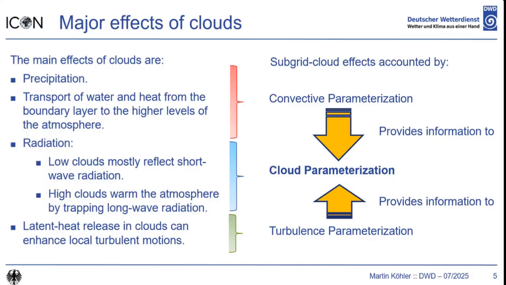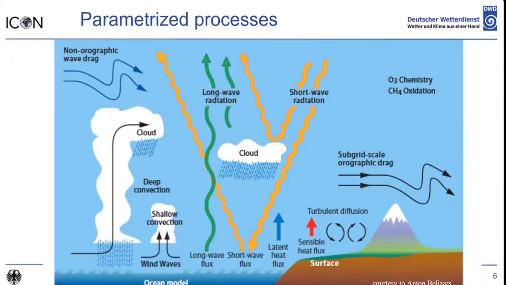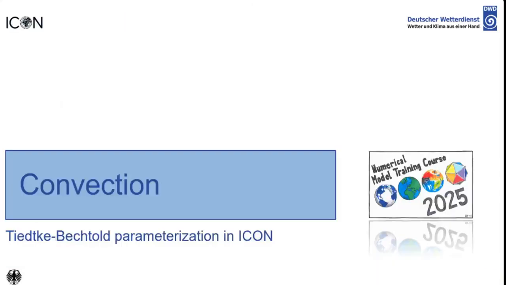If you want a somewhat unified cloud description, you need inputs from the convection scheme and the turbulence scheme, and that's exactly what we do to get our cloud cover. We'll get to that. You've seen this one already, but here you see again that clouds are very important for precipitation, radiation, and so on.